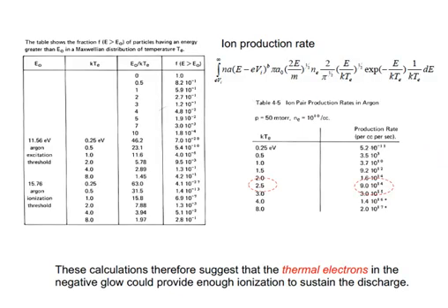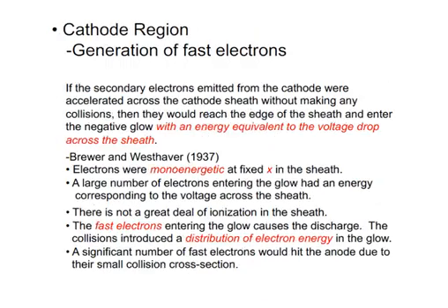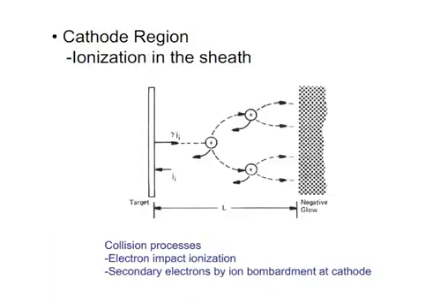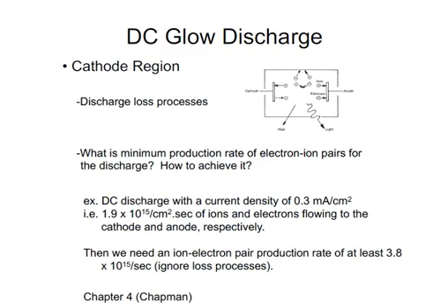So in that example, we can see the ion electron pair production rate reaches about 3.8 times 10 to 15 per cubic centimeter per second.